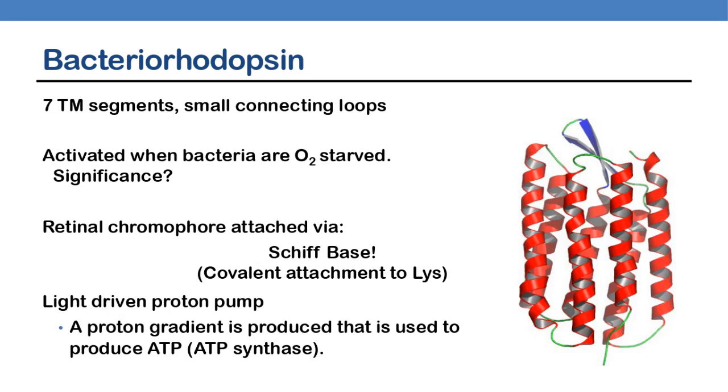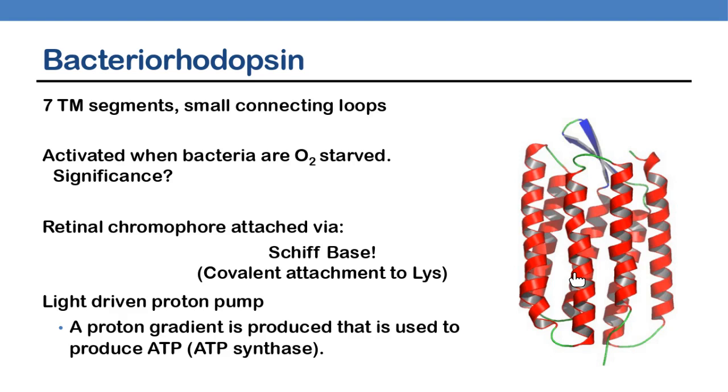The next type of membrane transporter is bacteriorhodopsin. This is going to have seven TM segments with their connecting loops. The significance is it's going to be pumping protons when it's oxygen starved. So it's going to help create that proton motive force when there's no oxygen.